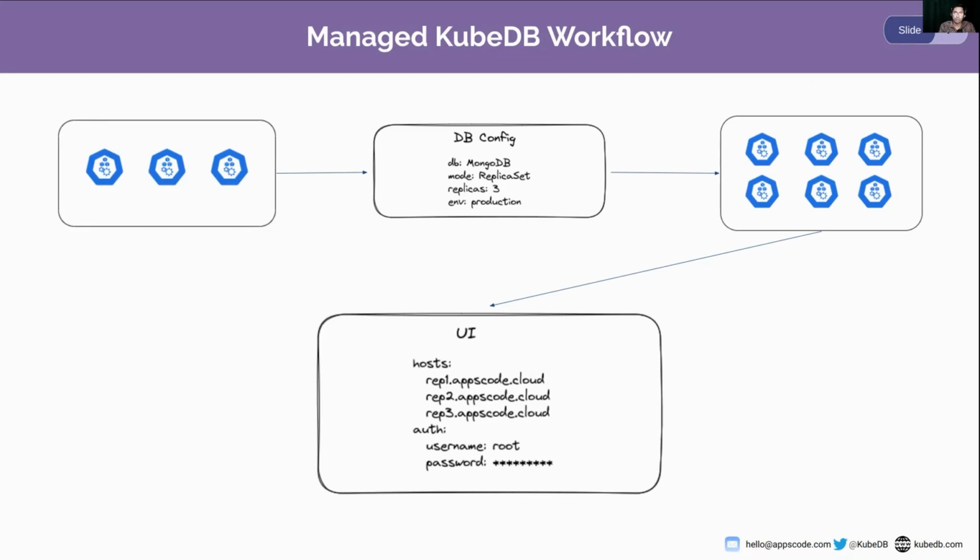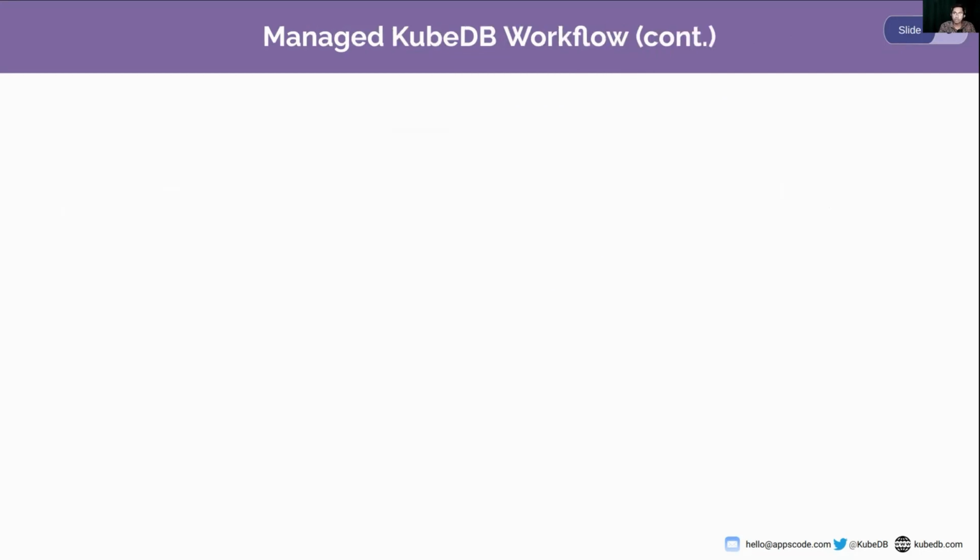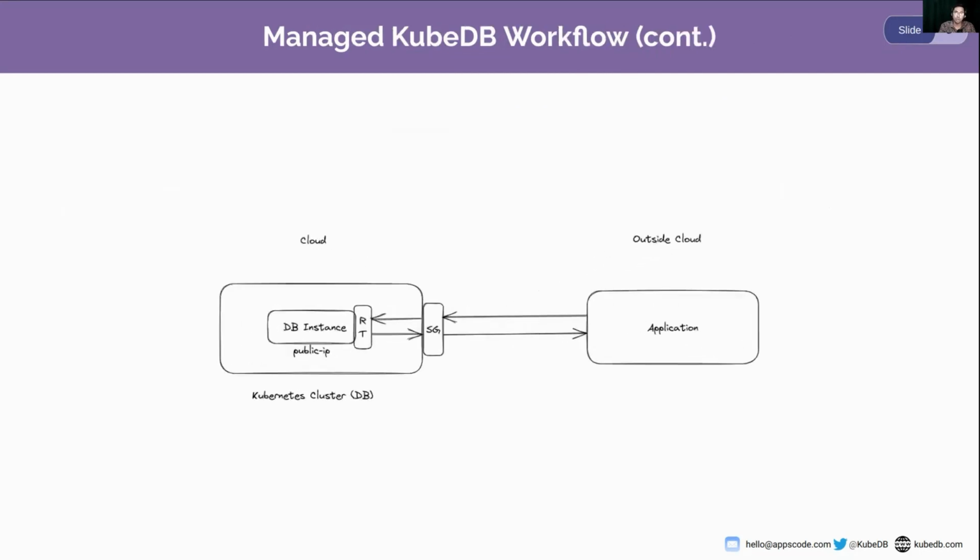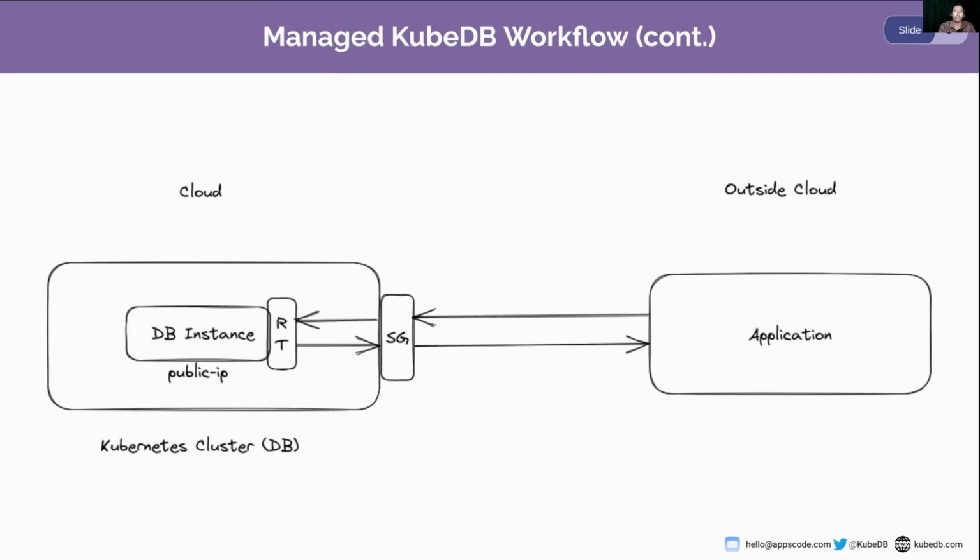Now we want to go a bit deeper, so we currently have 2 modes. Let's say you want to deploy your database in AWS, but your application is outside of AWS, so you want to access the database from outside of the AWS networking backbone. We have a feature so that you can access the database from your application in a highly secured way.